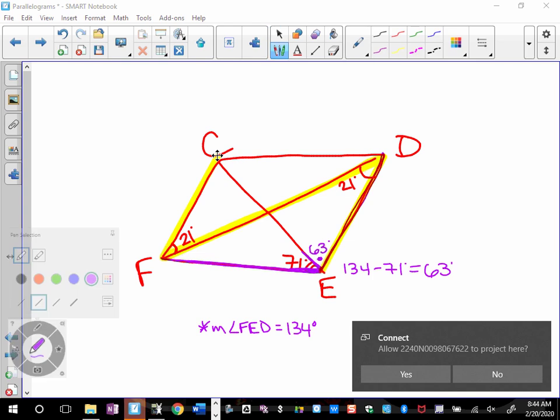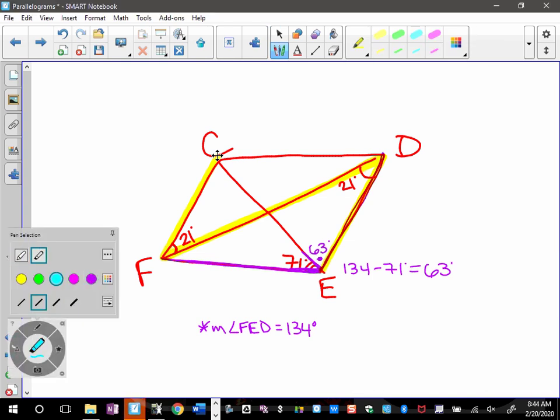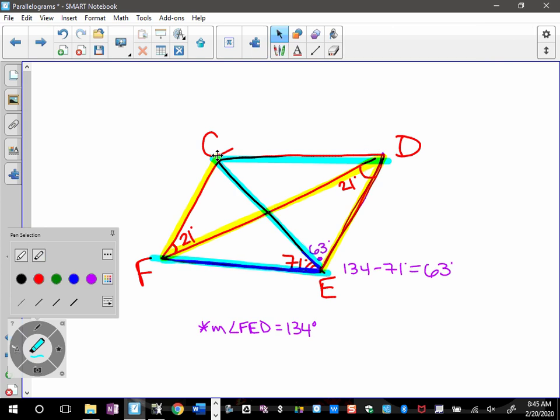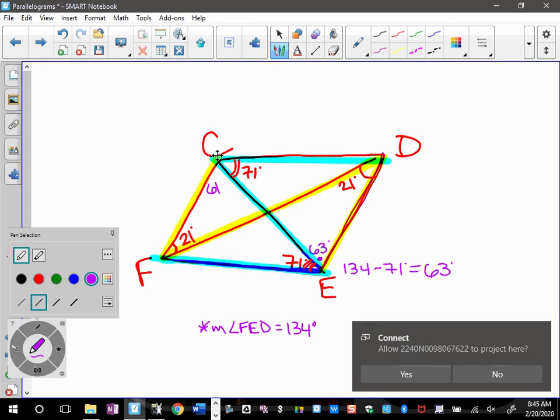I can also do that with my other angles. So I can take CD and FE and connect them. So in this case, 71 is in this bend, so 71 is up here in the top bend. We know 63 is next to 71.